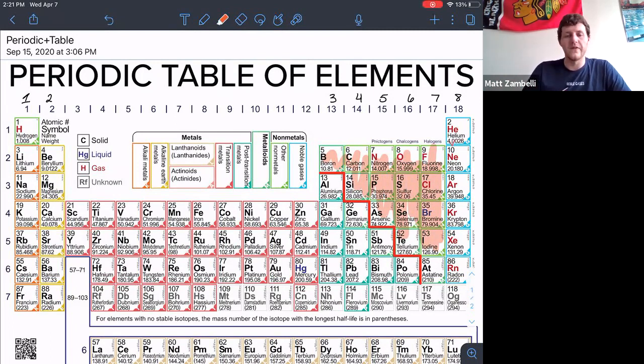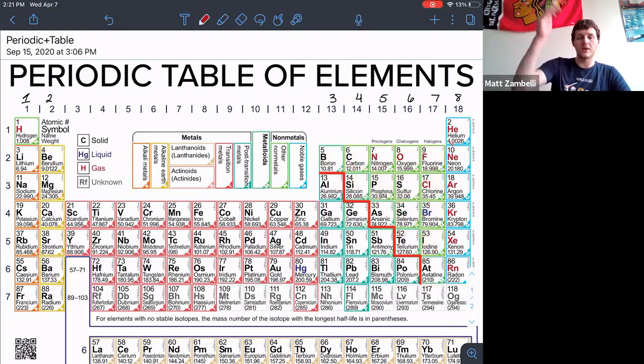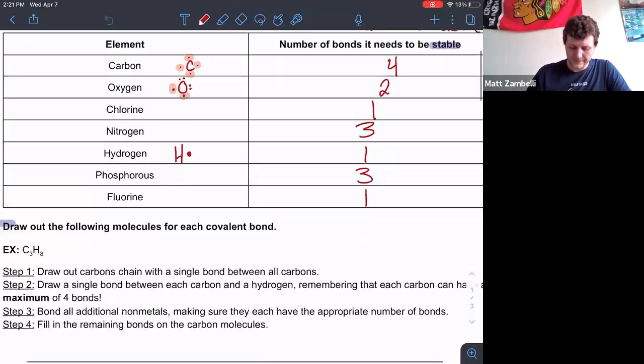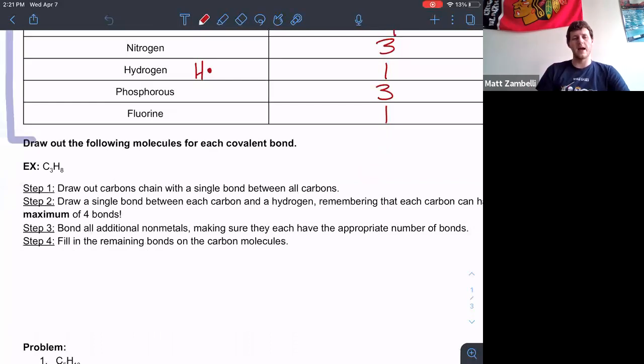Sulfur would follow oxygen, same with selenium and tellurium, and fluorine, chlorine, bromine, iodine all follow the same path as well. So they all want the same as what is above them in those columns. Not all of them are written out, but they do follow the same pattern.